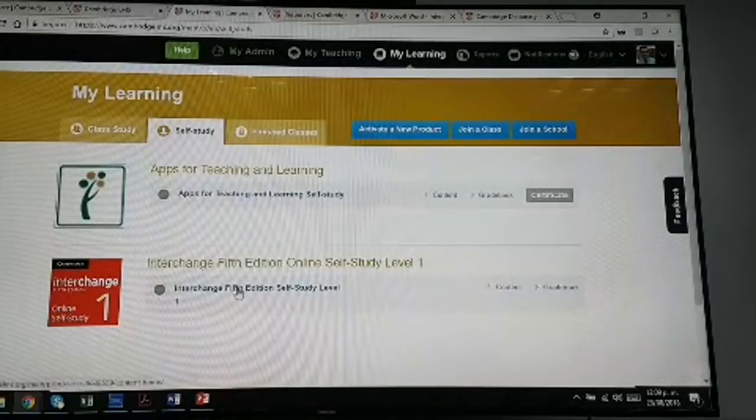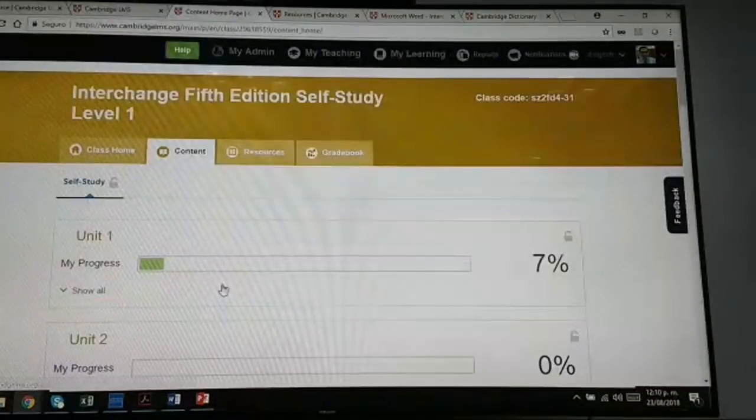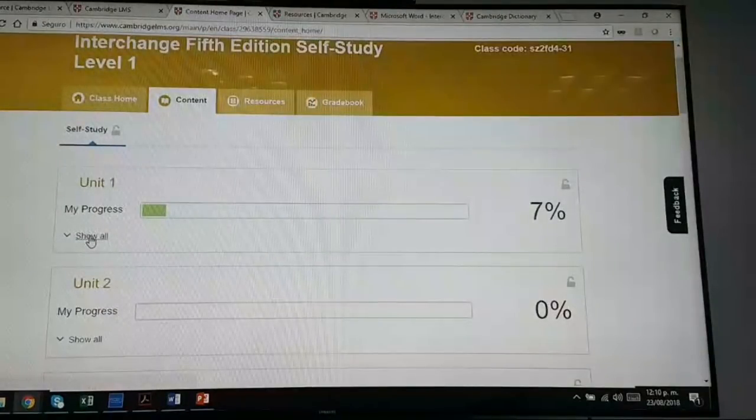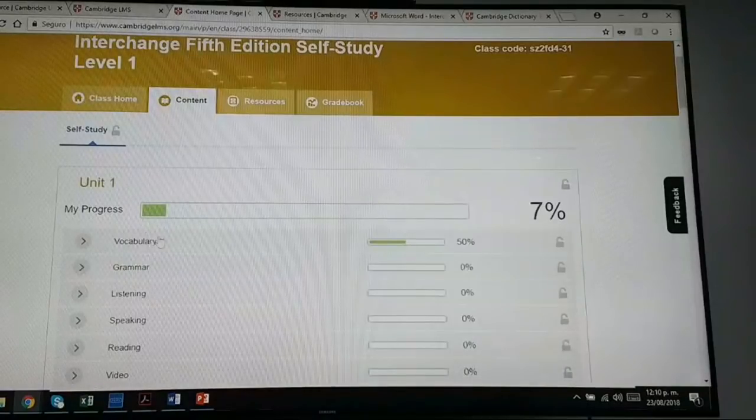And you have the self-study for your students. This self-study is developed for them to have autonomous, independent learning outside the classroom. So this is work that you can assign to your students, or you can emphasize your students to work with this content, with these components. And the idea here is that they have additional practice.